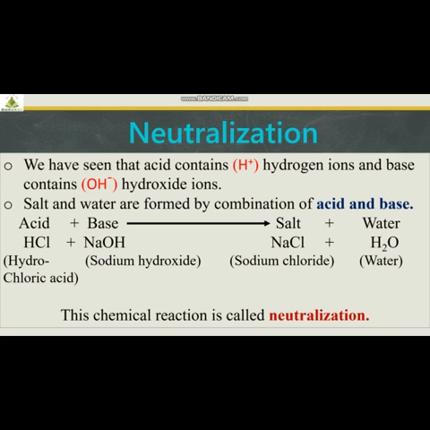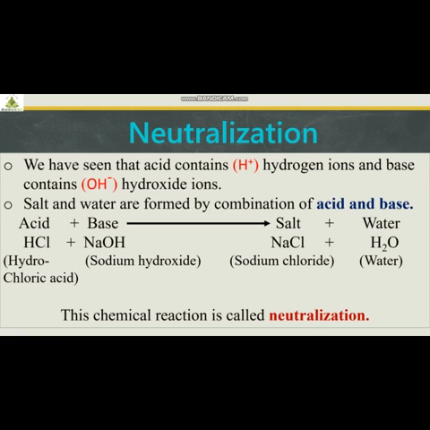Now which is the name of that acid? Let us take the example of hydrochloric acid. The base here is sodium hydroxide, that is NaOH. So when hydrochloric acid plus sodium hydroxide, yes, when they both combine with each other, what do we get? We get salt and water. So salt is sodium chloride, and water. Understood? Acid plus base gives you salt and water.